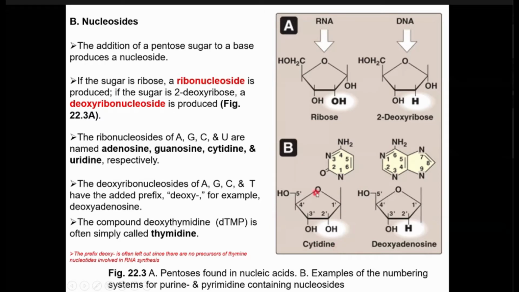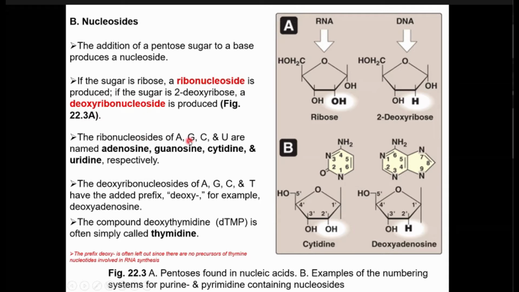In general, the rule is you add -osine, but sometimes it doesn't apply, and then it's cytidine. So this is in general a nucleoside, which is a base plus a sugar. And in the RNA, you find the ribonucleoside. In DNA, you find deoxyribonucleoside.